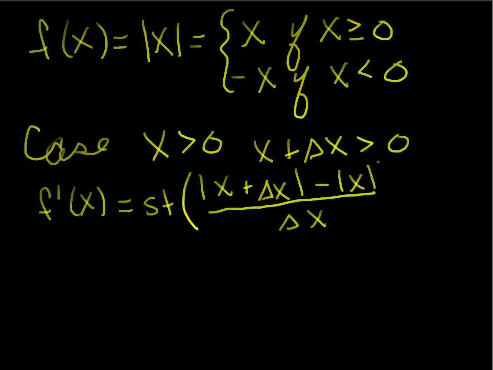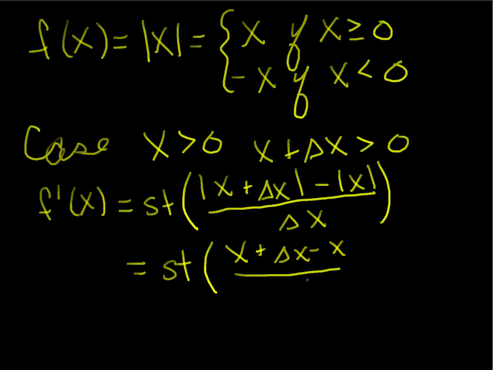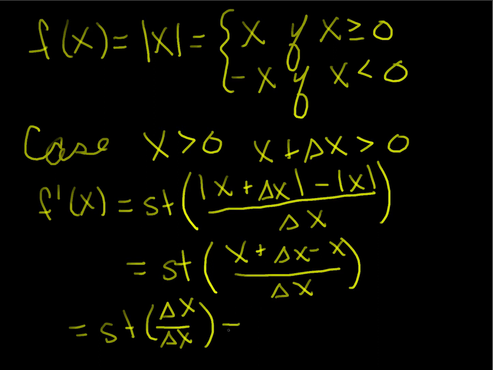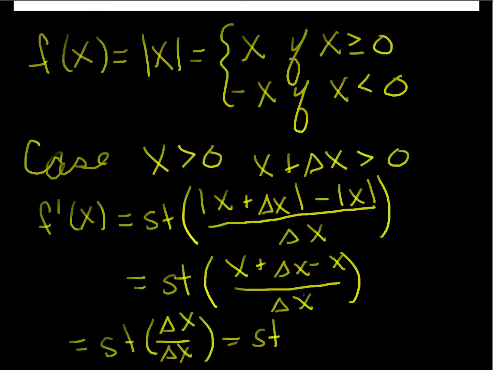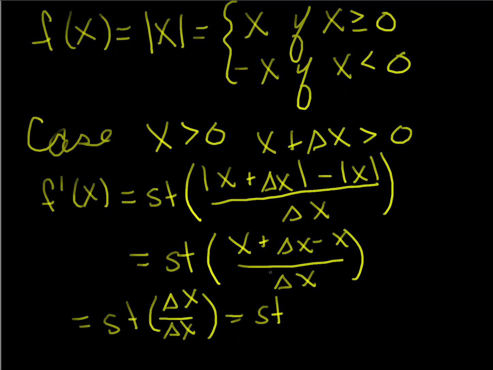And since everything in sight is positive, this is just the standard part of x plus delta x minus x all over delta x, which is the standard part of delta x over delta x, which is the standard part of 1, which is simply 1.